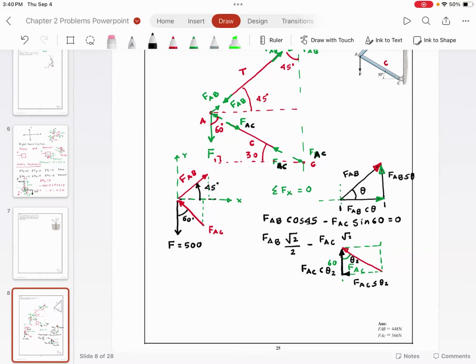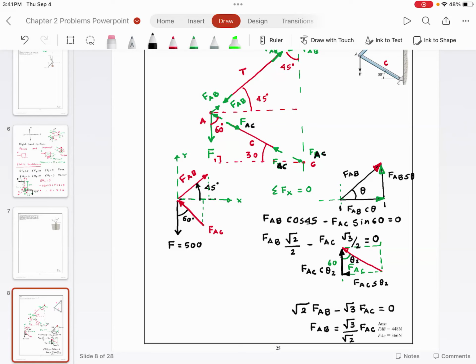Root 3 by 2, right? Is equal to 0. So I have an equation: square root of 2 FAB minus square root of 3 FAC is equal to 0. In other words, I know that FAB is equal to square root of 3 divided by square root of 2 FAC. Do you agree with me?